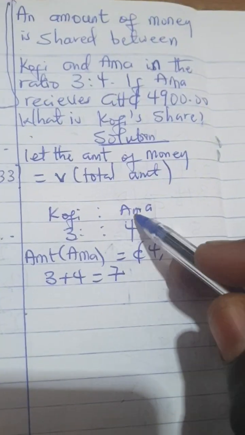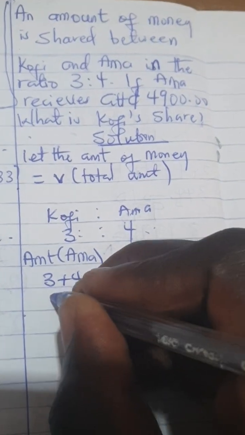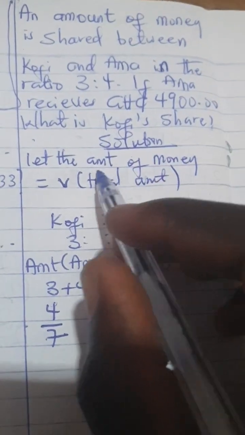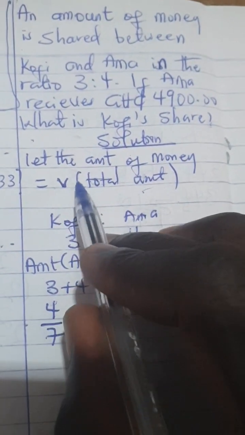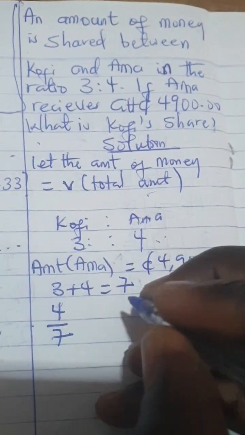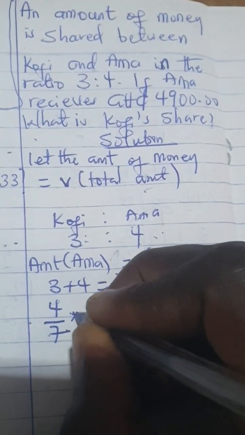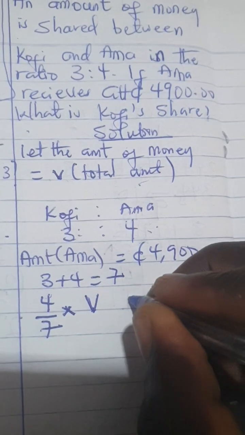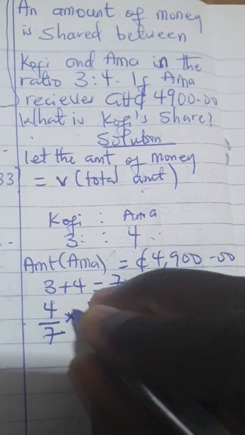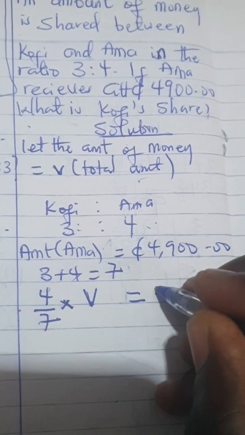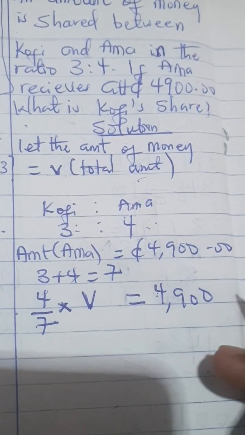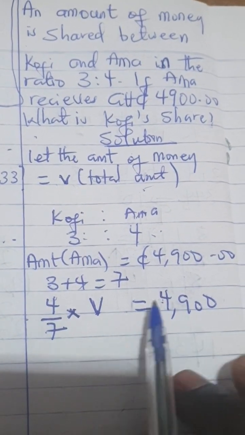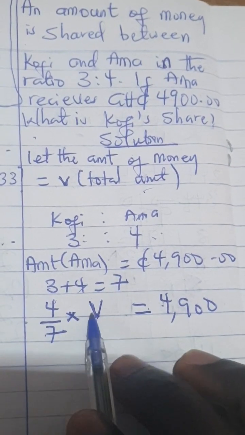So the amount Amma is going to get is 4/7 times the total amount, which we don't know, and we have already introduced a variable, V. So 4/7 times V is equal to 4,900, since it has been given that Amma had 4,900 from the total amount.